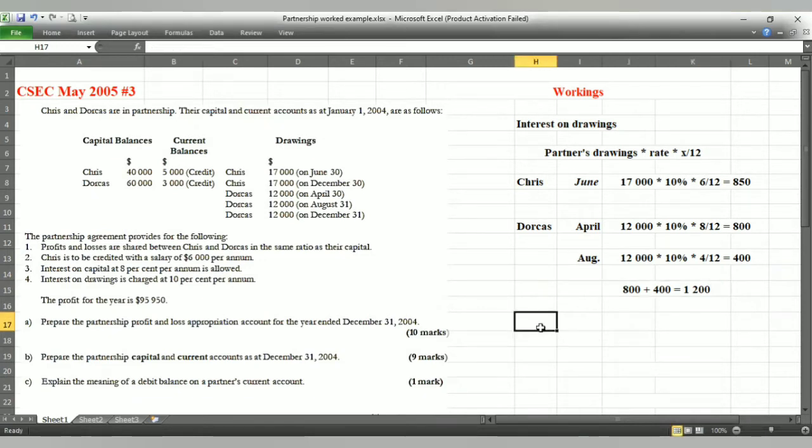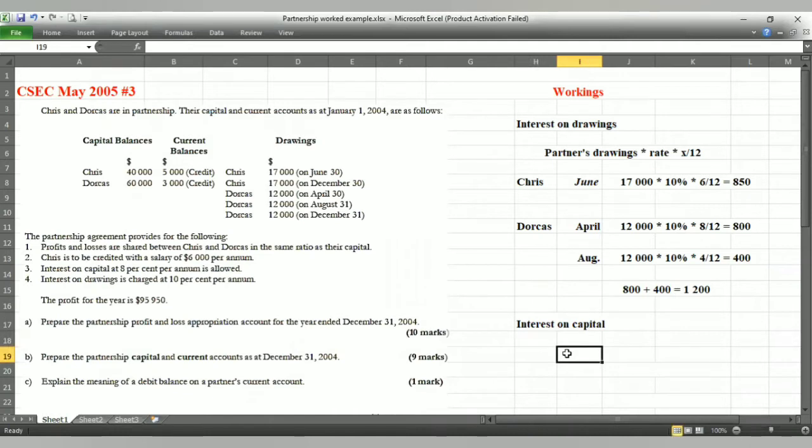We are going to take a close look at interest on capital. How do we calculate interest on capital?